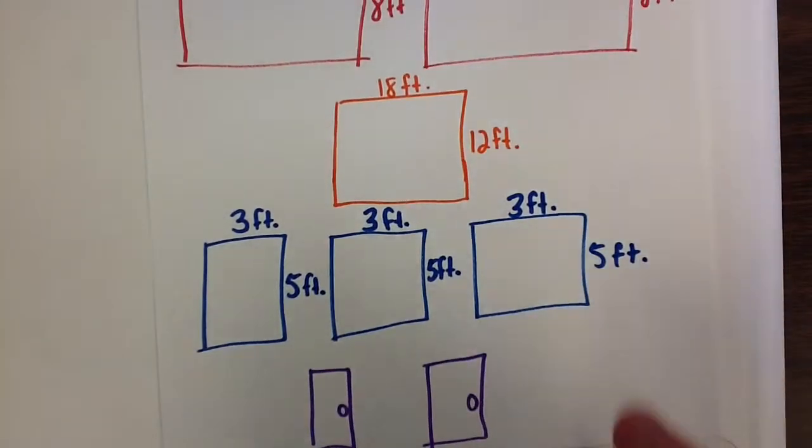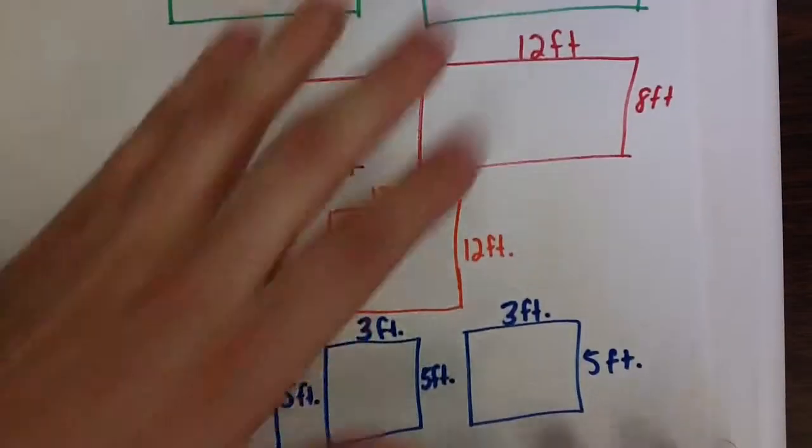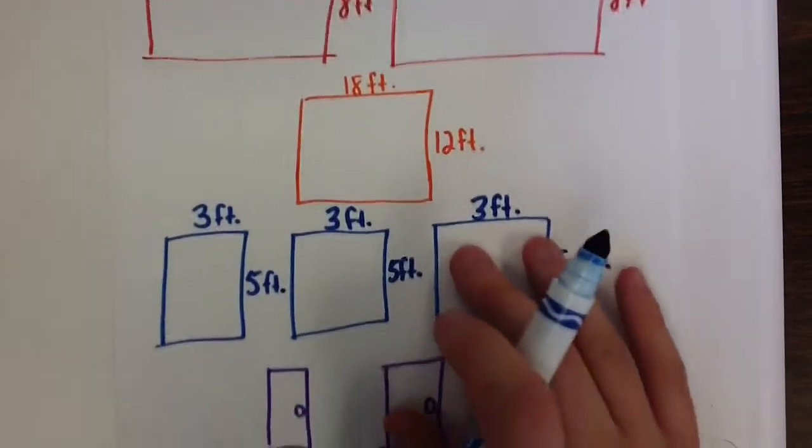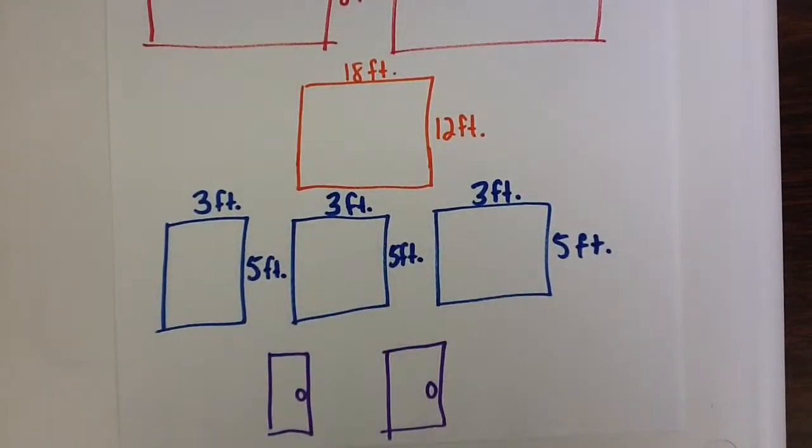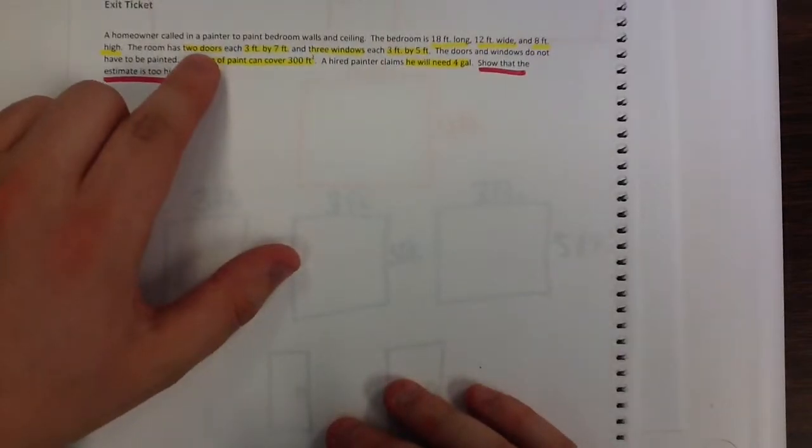Those do not need to be painted, so we need to find that area and subtract it off of the total area. Also needing to be subtracted are the doors. The problem tells us there are 2 doors, and each door is 3 feet by 7 feet.